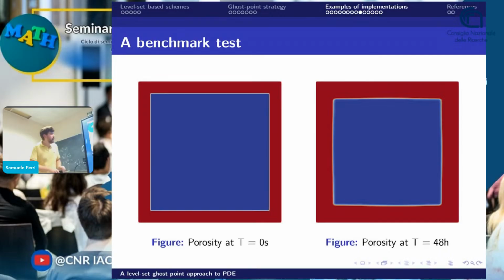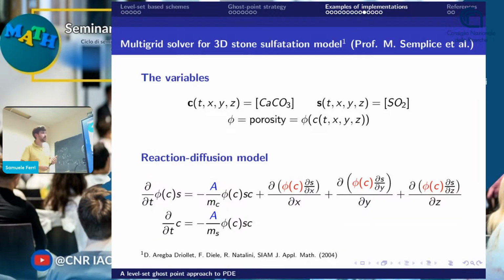Then the last part of this presentation is about the main project of my PhD thesis, which is a multigrid solver for the 3D stone sulfatation model, a model discovered by Driollet, Daniele, and Natalini.